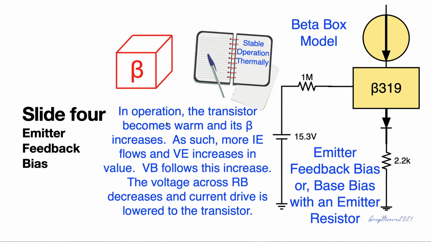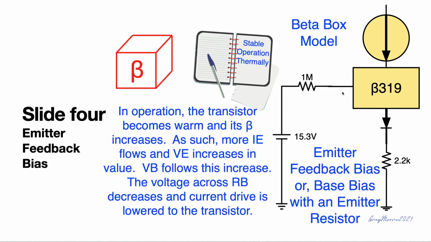In operation, the transistor becomes warm, as I said, and its beta increases. As such, more IE flows and VE increases, the voltage across the emitter resistor. VB has to follow that because what voltage we've got here is coupled via a diode junction across to the base.